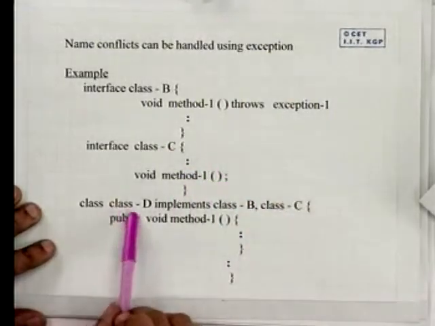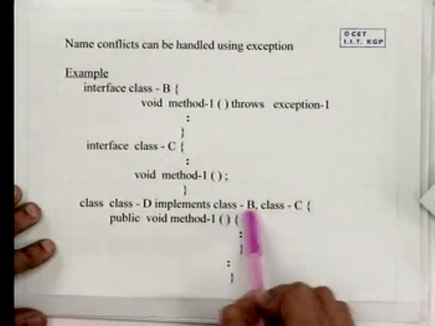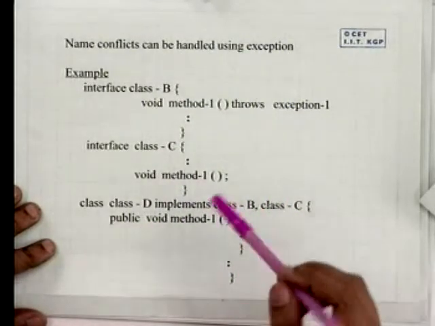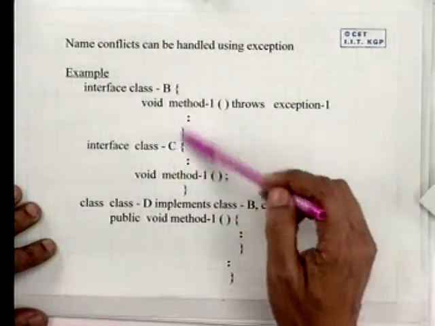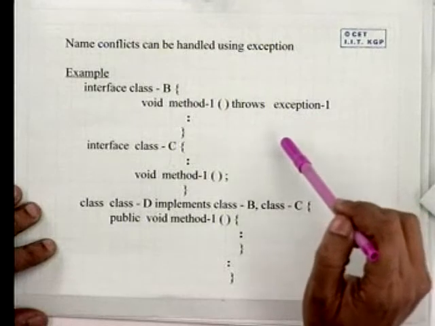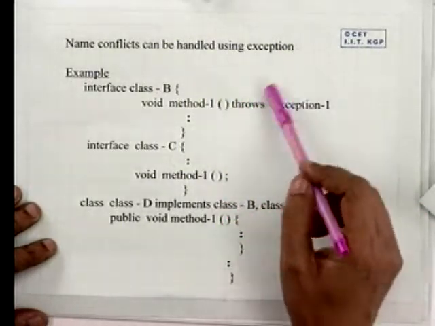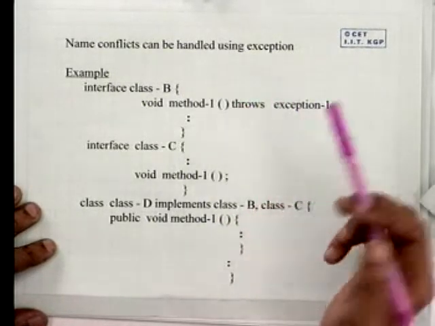Now when class D implements both these two interfaces, and we define the code for method 1, since there is an exception clause here, if there is any problem in class B due to the method that has been implemented, an appropriate exception will be raised, which can be handled appropriately.